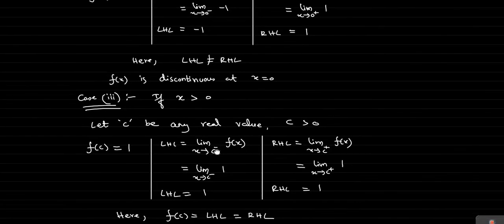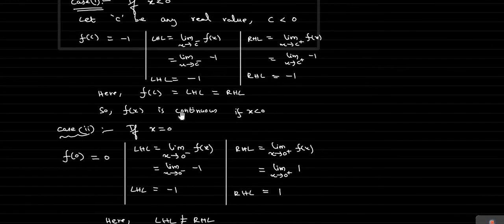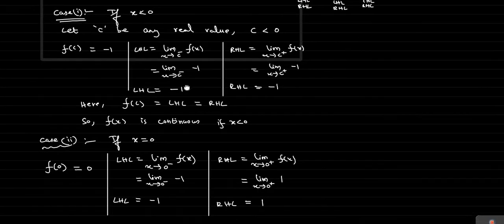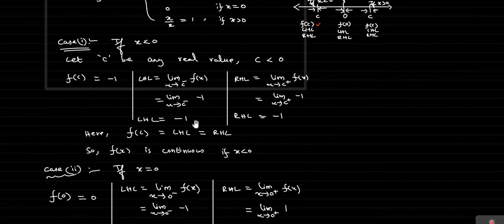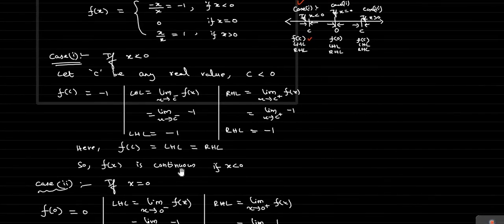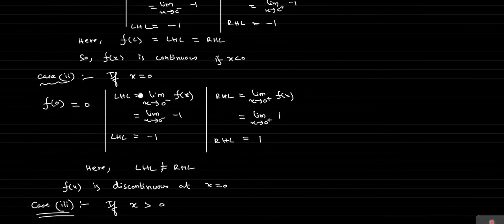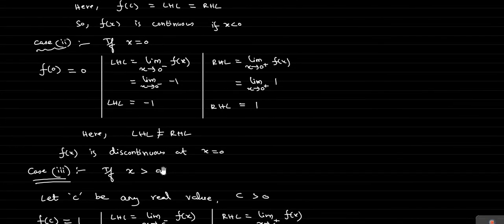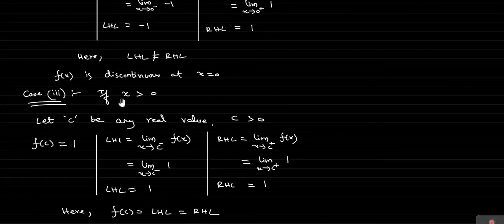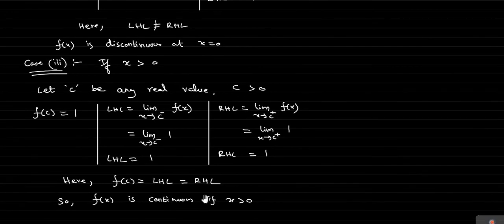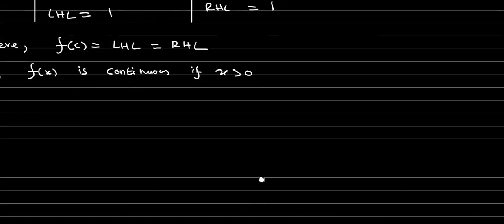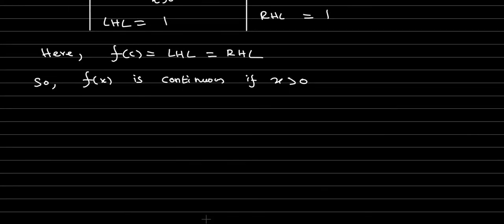In the above three cases, at which point is the function discontinuous? Only at x equal to 0. If x is less than 0, the function is continuous. If x is exactly 0, the function is discontinuous. And if x is greater than 0, the function is continuous. So throughout the real line, only at x equal to 0 is the given function discontinuous.